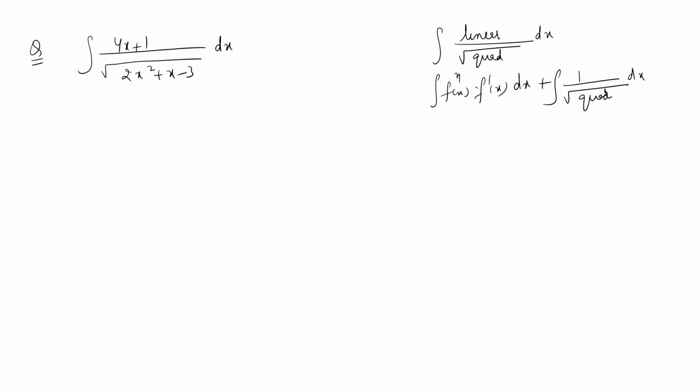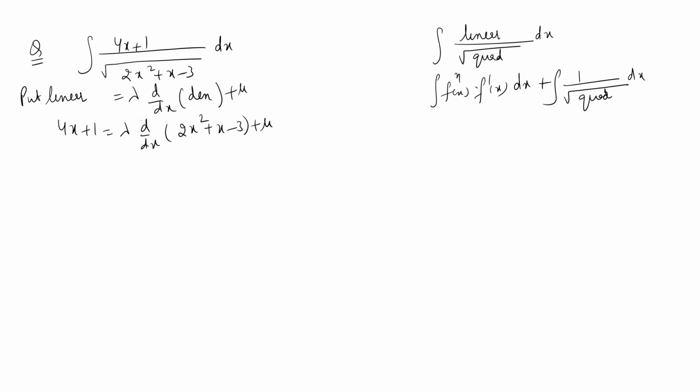So the basic thing here is: put linear is equal to lambda times d/dx of the denominator plus mu. So linear here is 4x plus 1, which is lambda times d/dx of the denominator, 2x square plus x minus 3, plus mu. So this is lambda times (4x plus 1) plus mu.